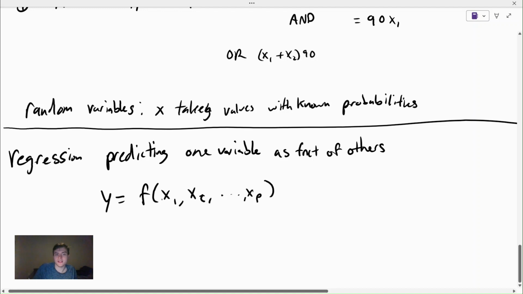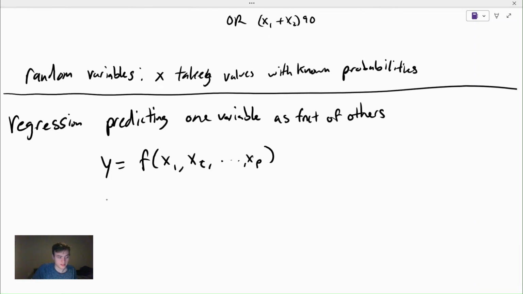So I'm just saying whatever our input variables are called, they could be about the weather or whatever, we're going to assign them variable names x1 to xp, and then y is the output that we're predicting, right? So y would be called the response, and x would be called the regressors.